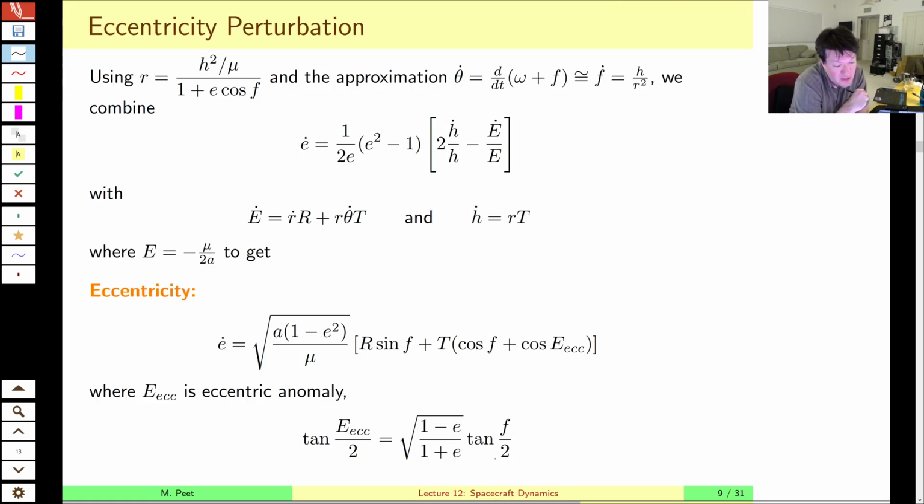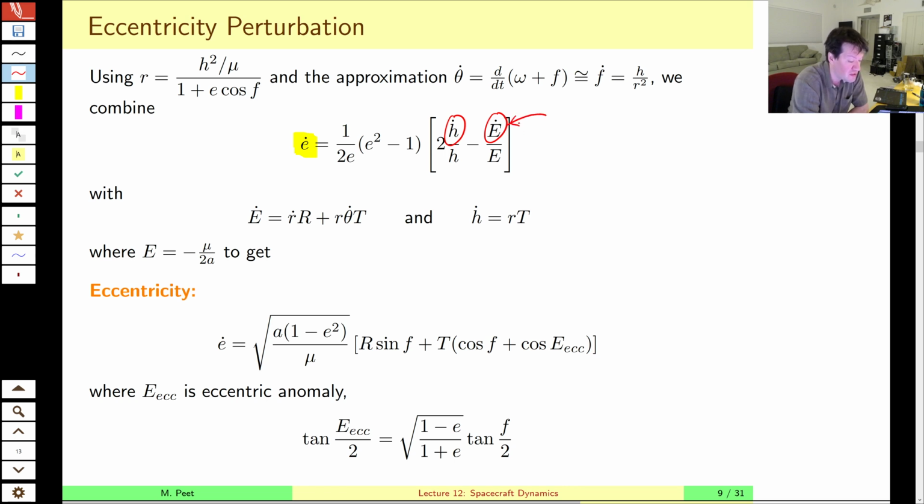So A dot was as simple as it gets. Now it sort of goes downhill a little bit. Not too fast downhill. So the next step is to find E dot. From our previous slide, about 3 slides ago, we had an expression for E dot in terms of H dot and E dot, energy, or rate of change of energy.